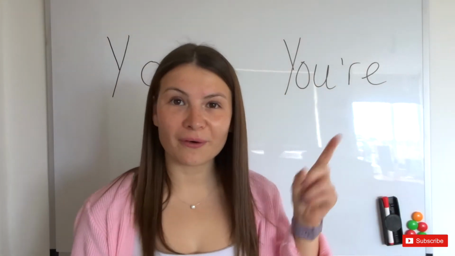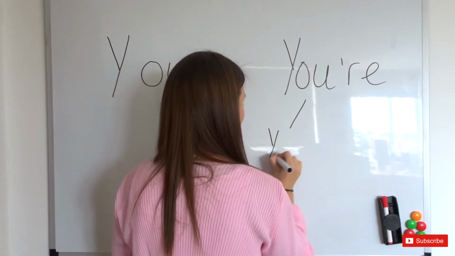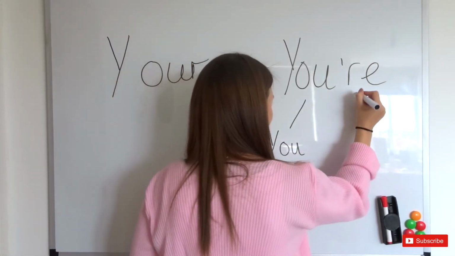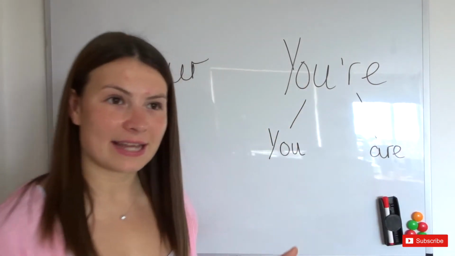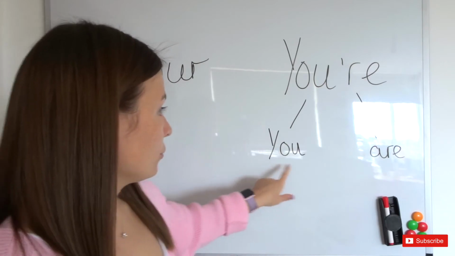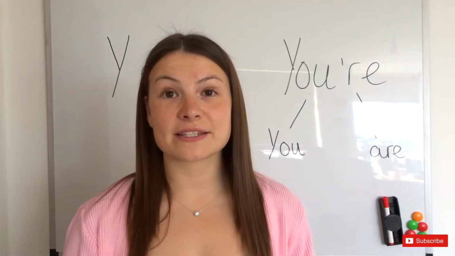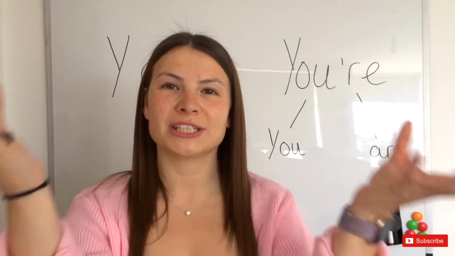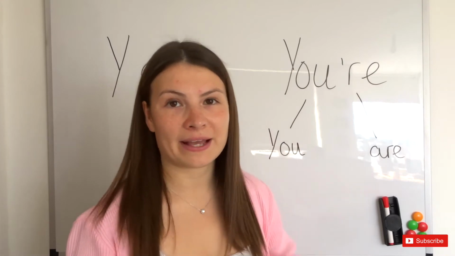So this your is made up from you and are. In a sentence, for example, you might have, you are my best friend. And then instead of saying you are, you would shorten it to you're, you're my best friend.